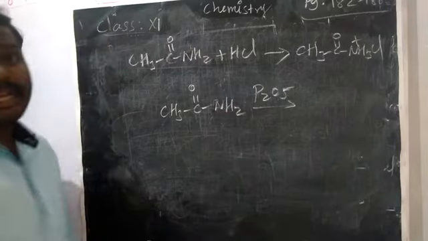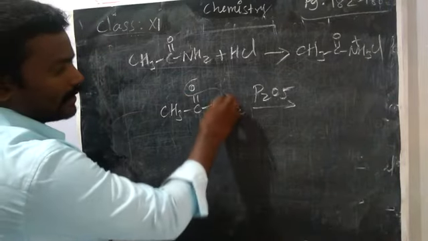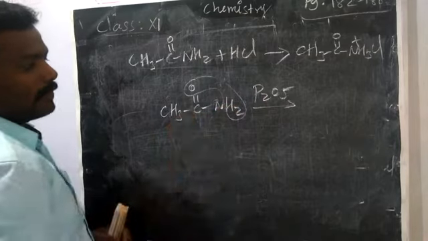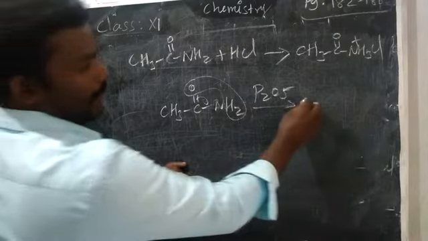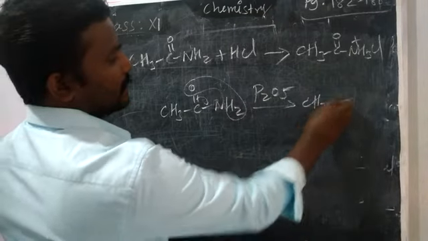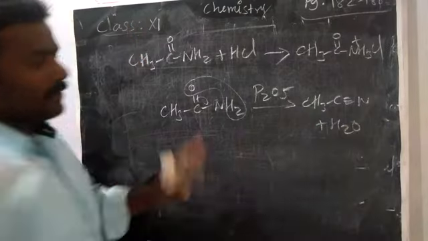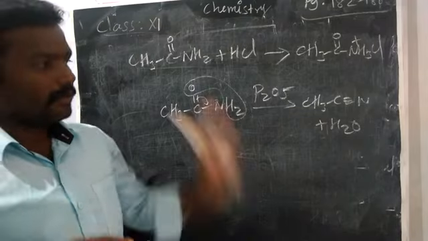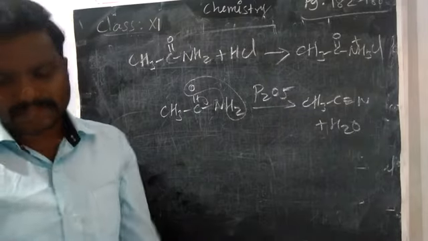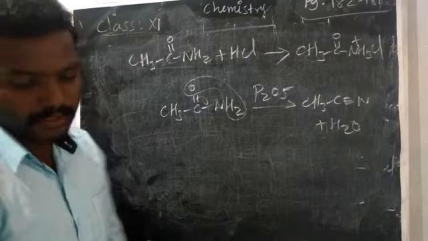This is called a dehydrating agent because it will remove the water, right? So oxygen and hydrogen, water will go. So it will form cyanide, CH3C triple bond N, and water. This reverse reaction we have studied in the preparation; opposite to that reaction, one of the chemical reactions is dehydration.